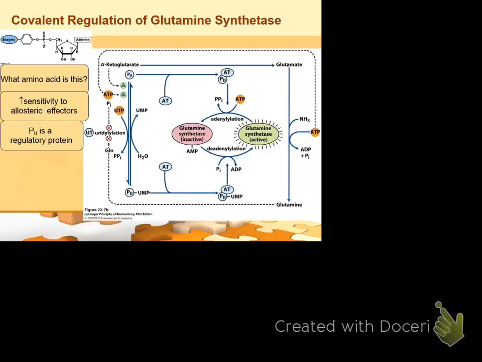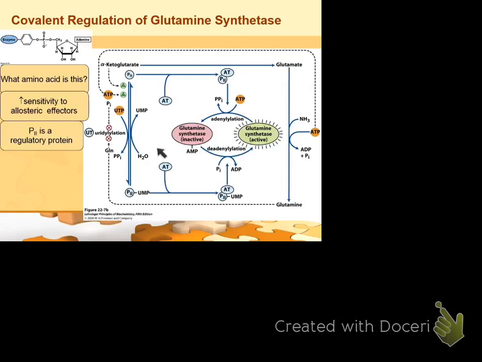It does increase the sensitivity to these allosteric effectors, and the complex itself has a regulatory protein that's called P2. Now, I don't know where the best place to start is.